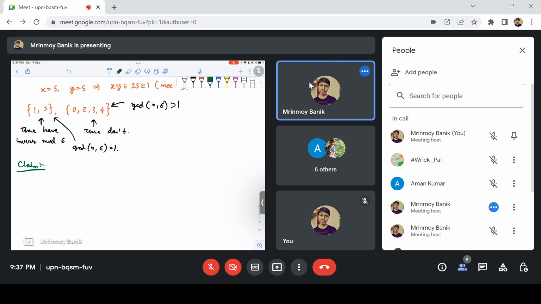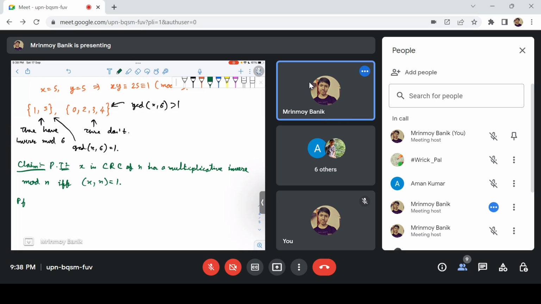Claim: prove that x in the complete residue class of n has a multiplicative inverse mod n if and only if the GCD of x and n is 1.